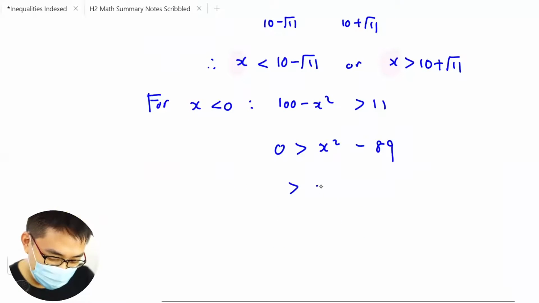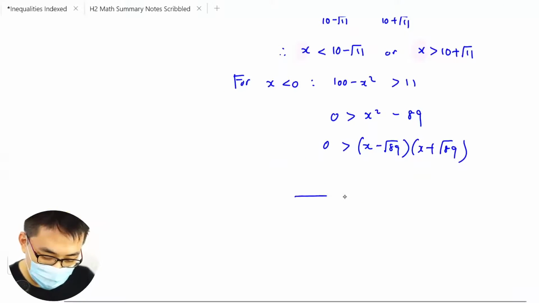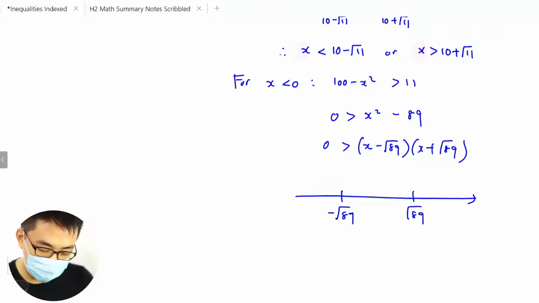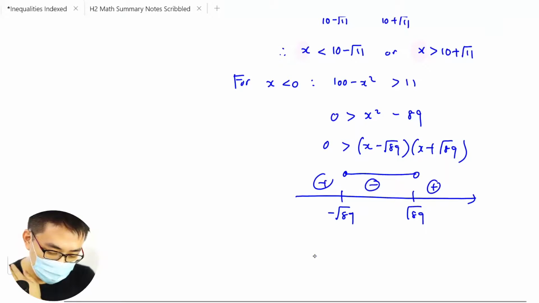It's jialat. Okay. So this will be positive, negative, positive.